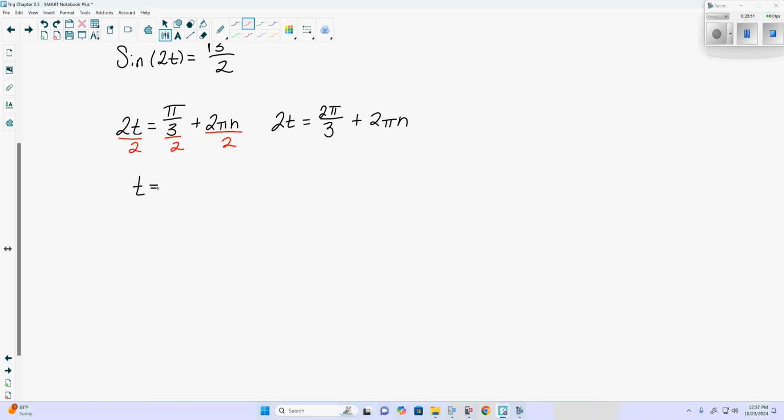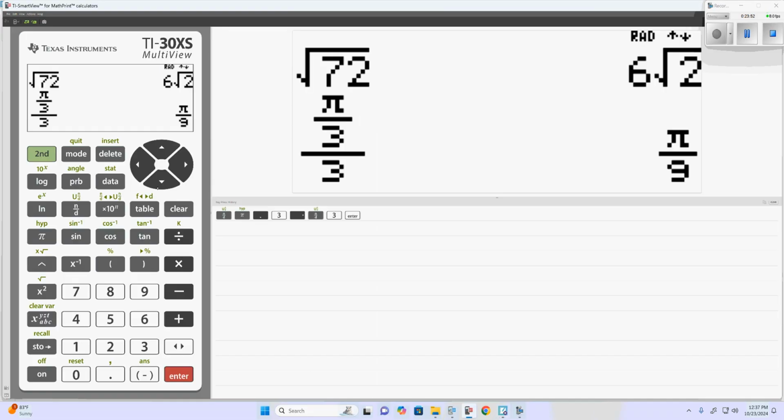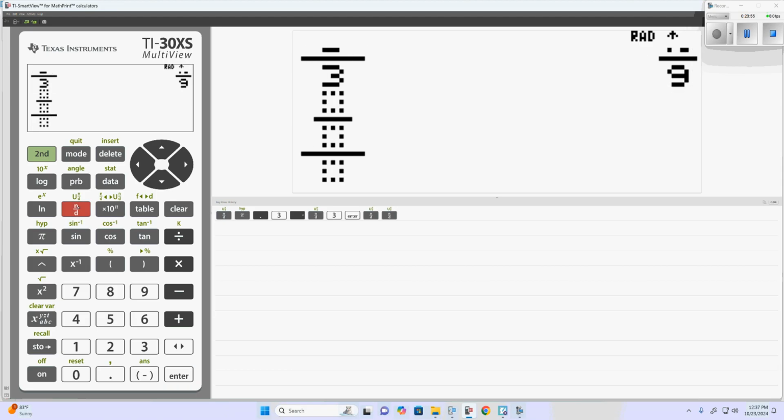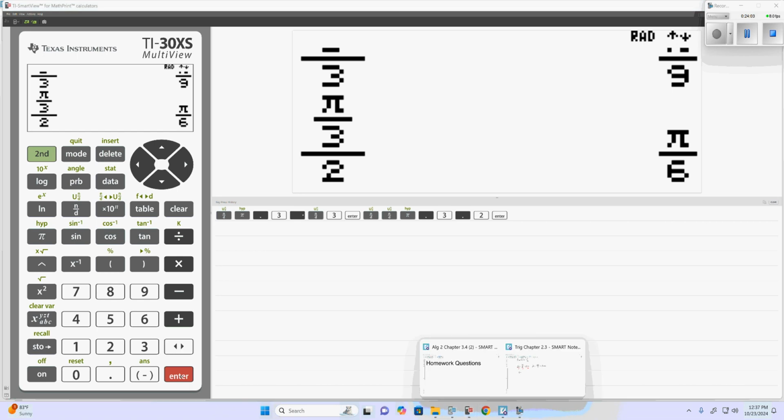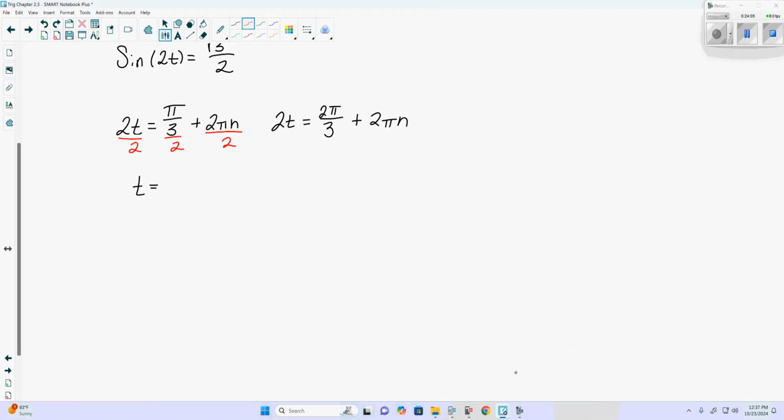The 30XS, I would use it, not the graphing calculator. Mainly because it will leave your answer in terms of pi. Pi over 6. Now, unlike the last one, 2 pi n, can I divide it by 2? It should just be pi n.